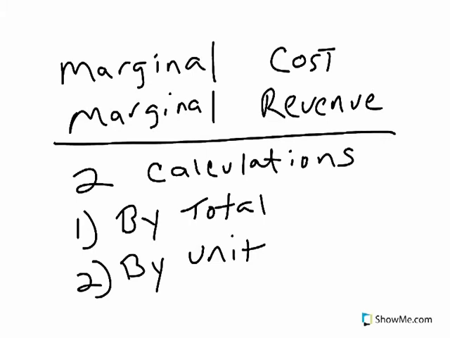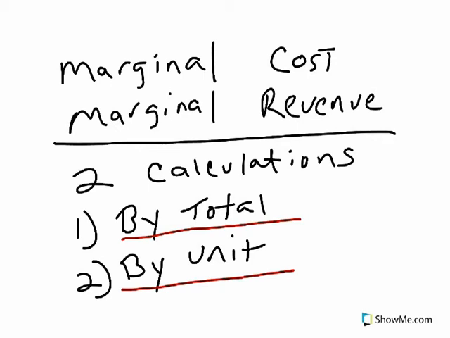Both marginal cost and marginal revenue can be calculated in two ways. The first is by total cost, and the second is by cost per unit. If you're calculating marginal cost or marginal revenue in totality, and then calculating the other by unit, one is always going to be greater than the other.